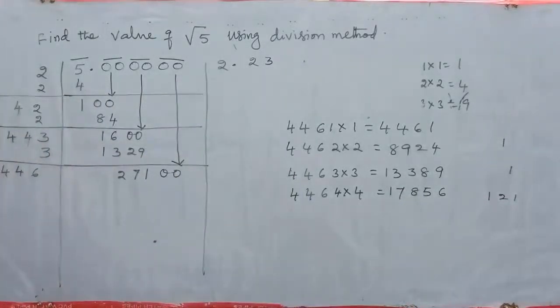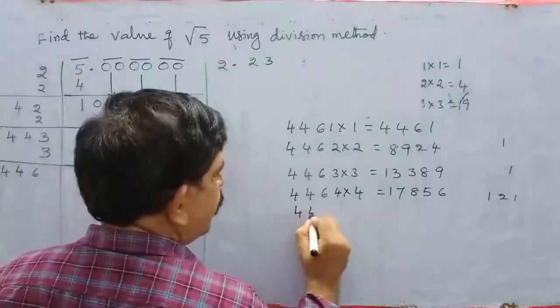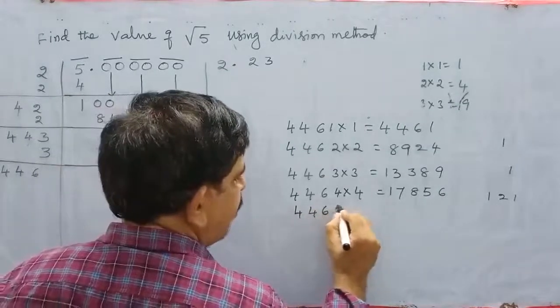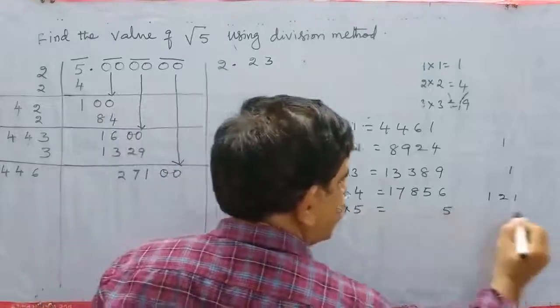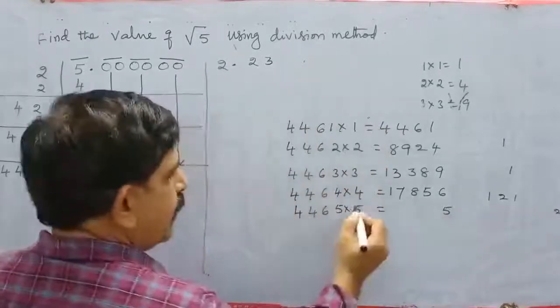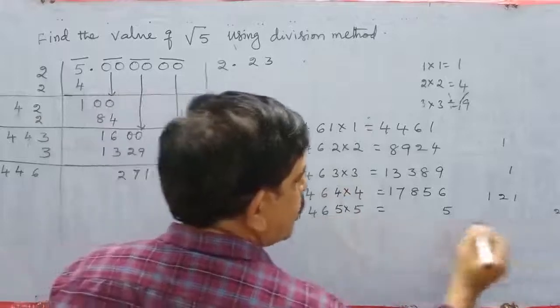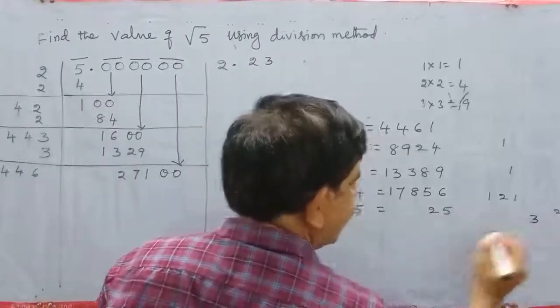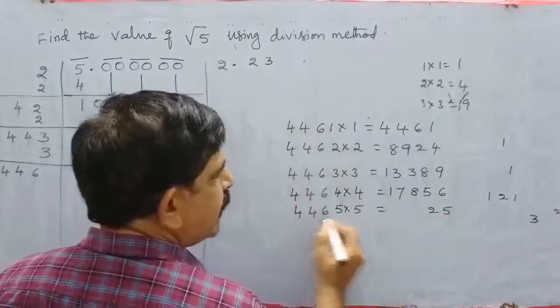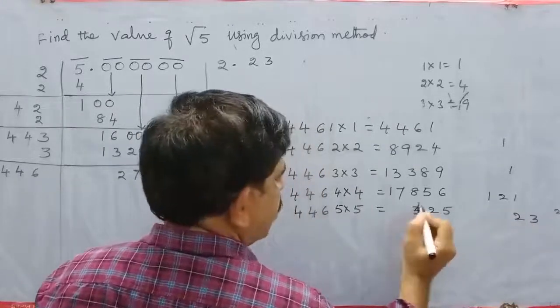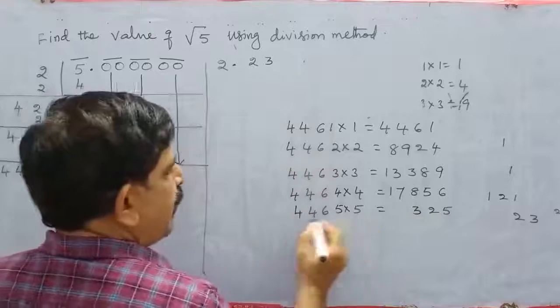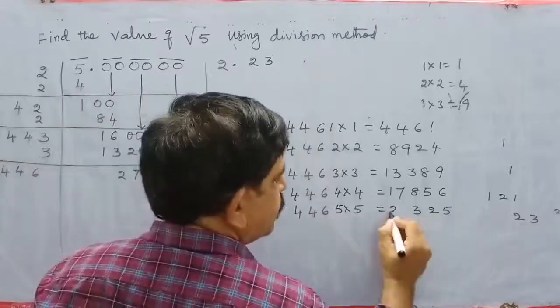17,856. Next 4465 into 5: 5 5s are 25, 2 remainder, 5 6s are 30 plus 2, 32, 3 remainder, 5 4s are 20 plus 3, 23, 2 remainder, 5 4s are 20 plus 2, 22.